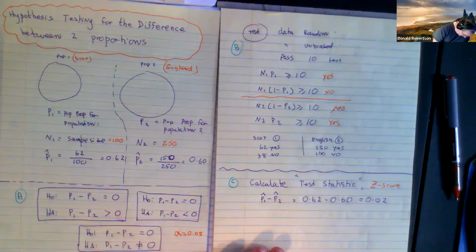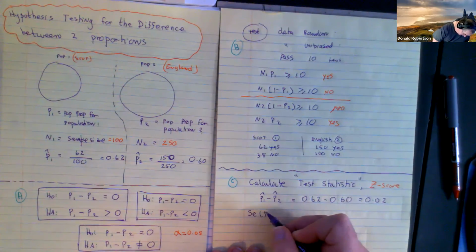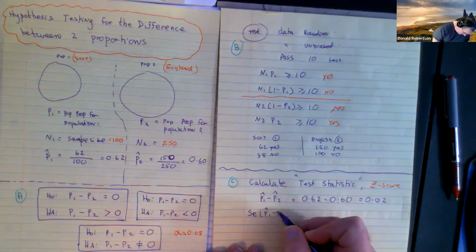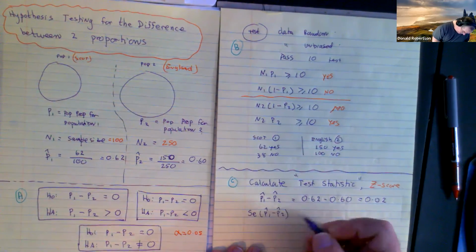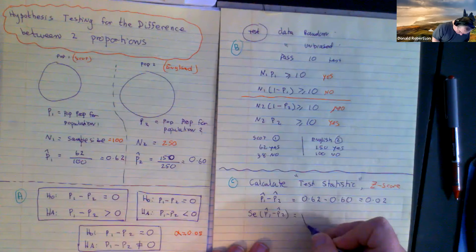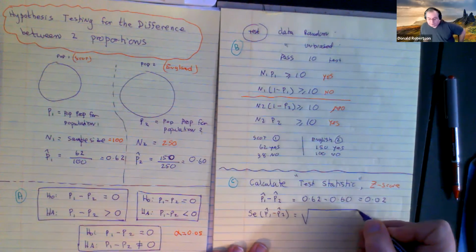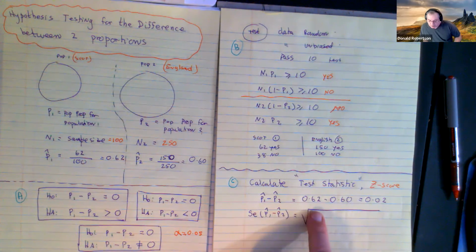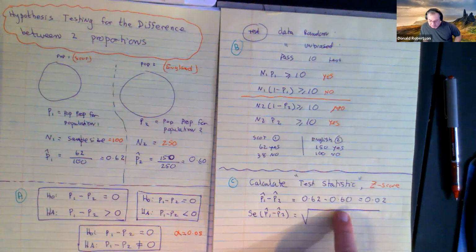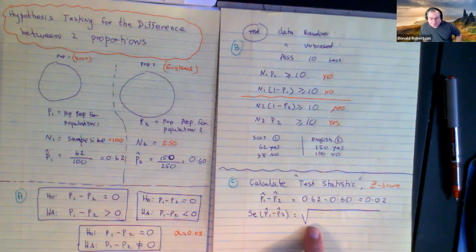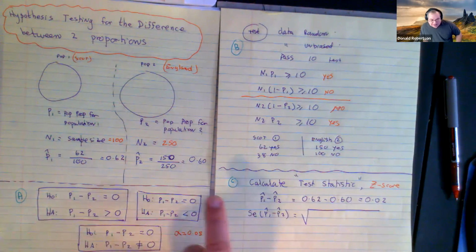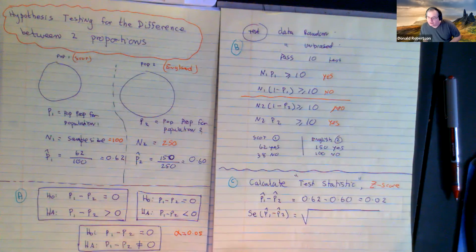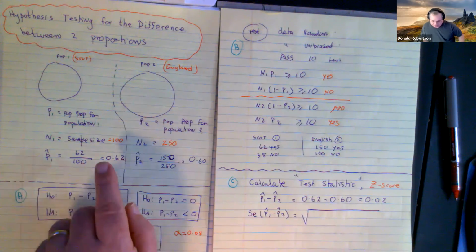And we should be finding the standard error. Now, when we did a single proportion, this would be P naught, 1 minus P naught over N. But when you're doing a difference between two, there is no P naughts to use, right? There is no value from the proportion. There's only these guys.